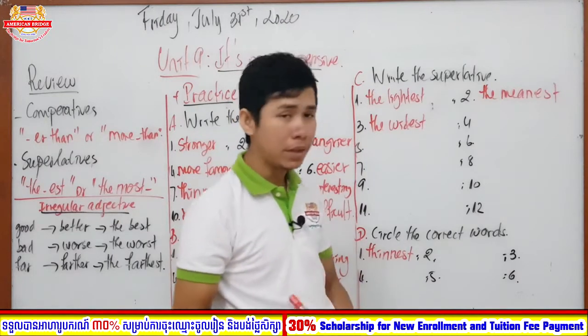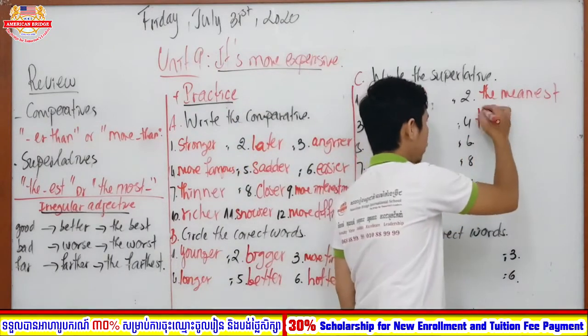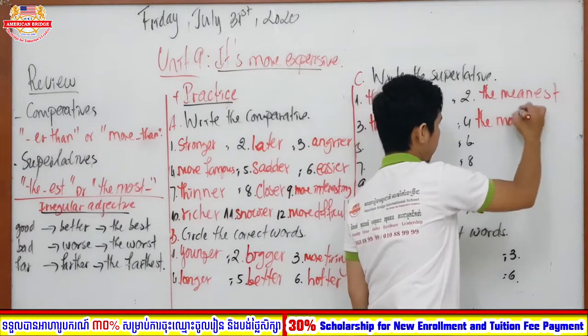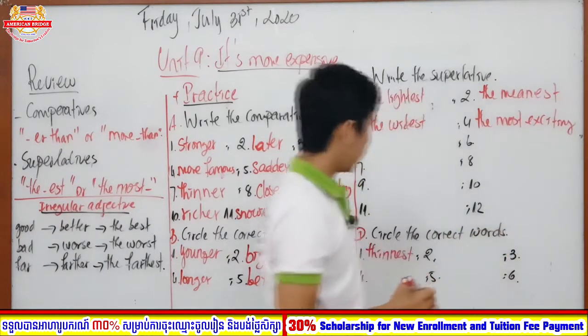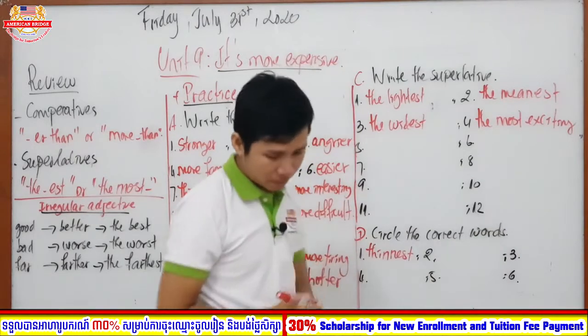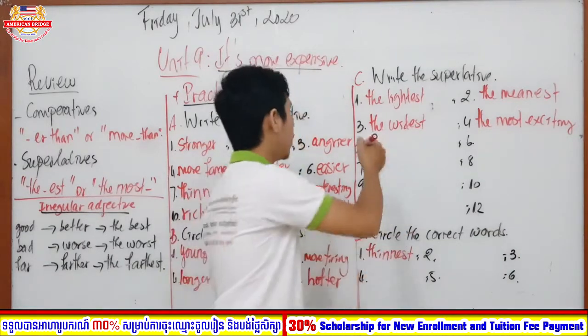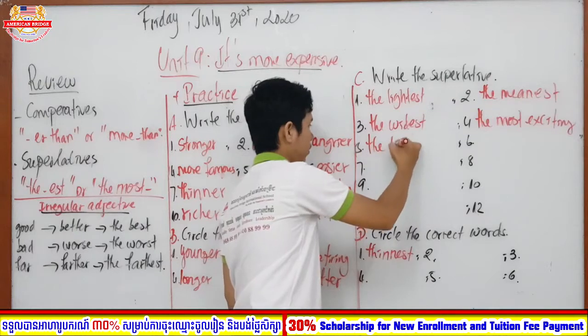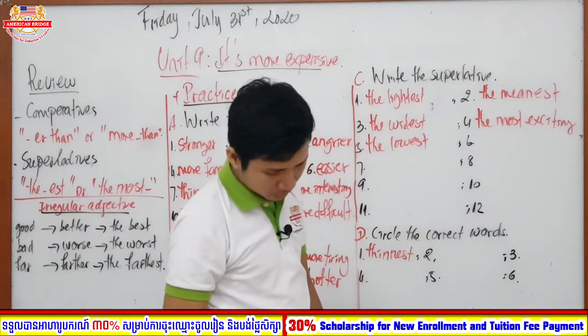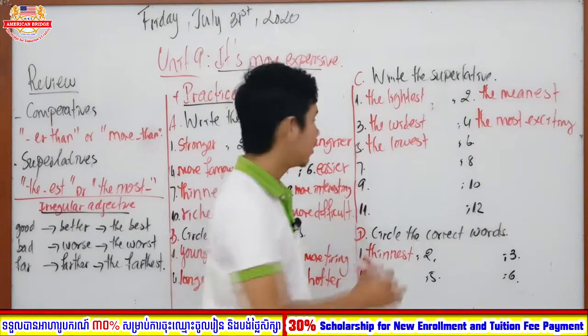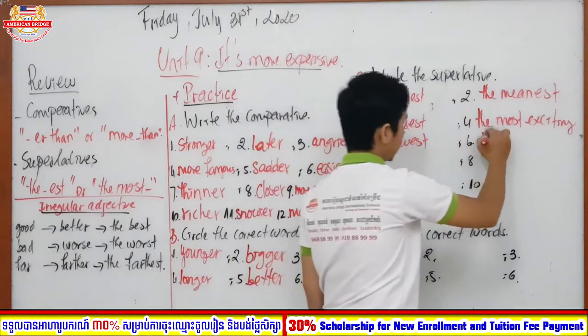And number 4, exciting. What is it going to be? Very good, the most exciting. And then number 5, low. The lowest. After number 5 is number 6, sad.